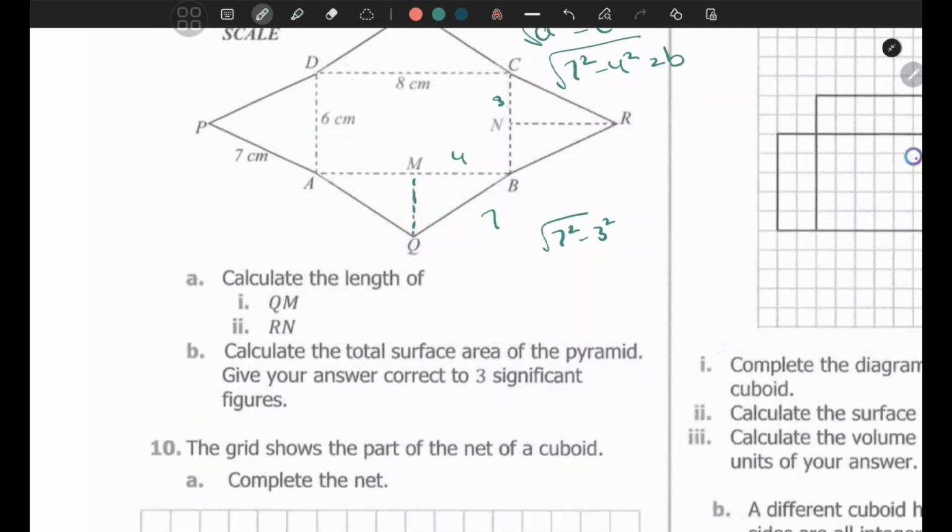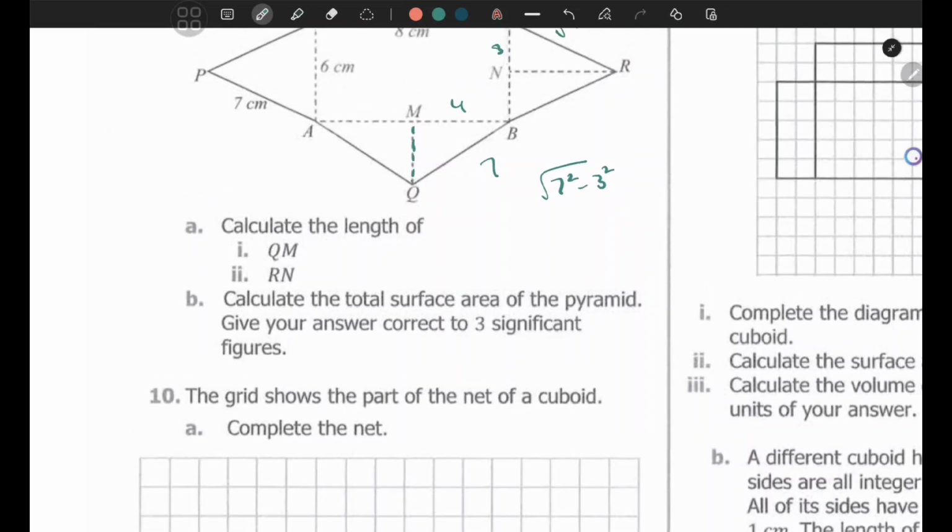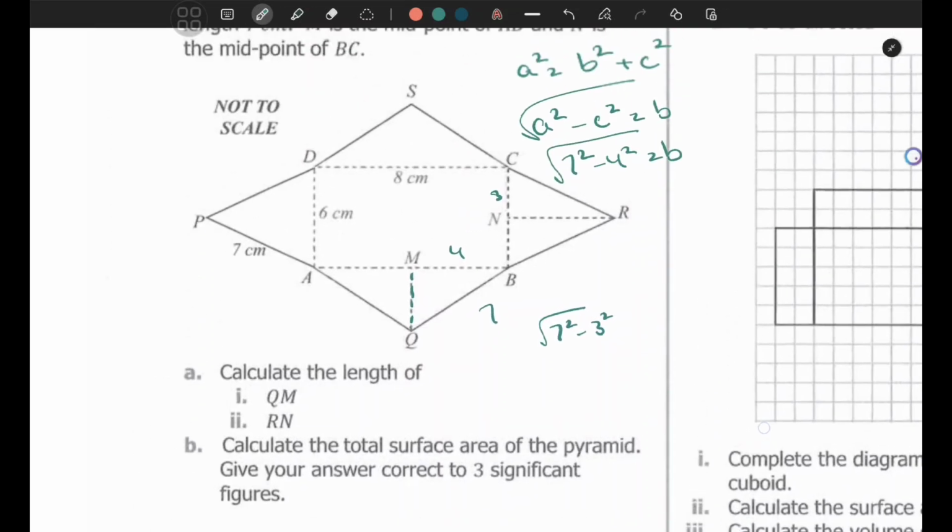Now, what does it say afterwards? Calculate the total surface area of the pyramid. Correct your answer to 3 significant figures.